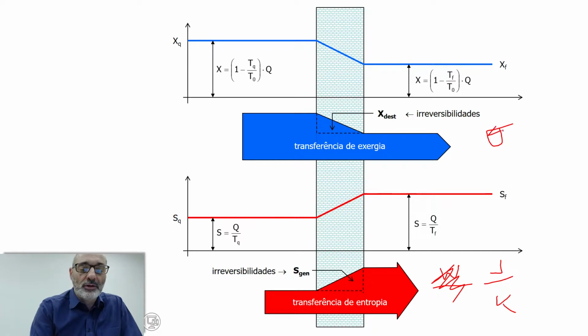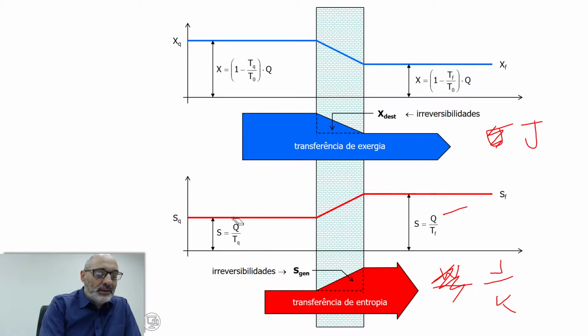But the same analysis could be done in terms of entropy analysis, okay? So the amount of entropy flowing into the room is Q divided by TQ. So Q is the same here and here.